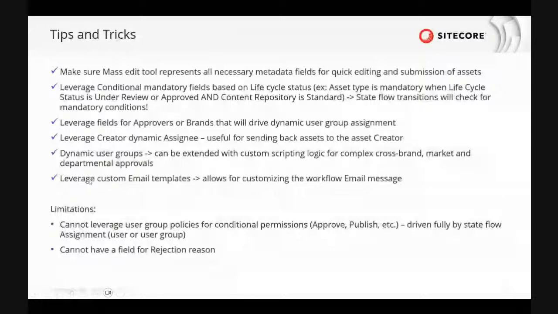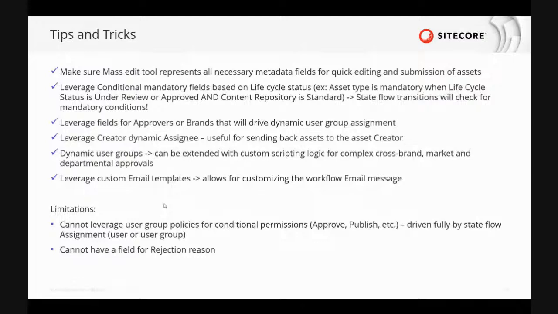And leverage custom email templates. It's really useful to customize the workflow email message that each person receives when something is assigned to them. So create your own email template. I think the CMP template from the CMP workflow is a good start. Use that as your starting point.